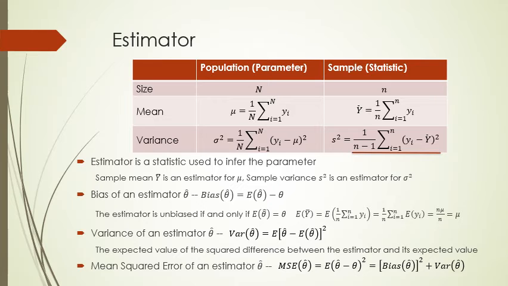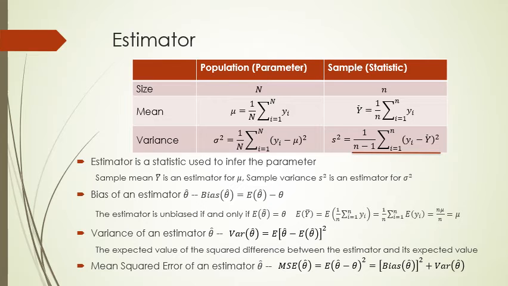For example, the sample mean is an estimator. One sample gives one sample mean y bar. If we have other samples from the same population, then we may have many sample means. So the sample mean is also a random variable. Thus, we may have the expectation of an estimator.